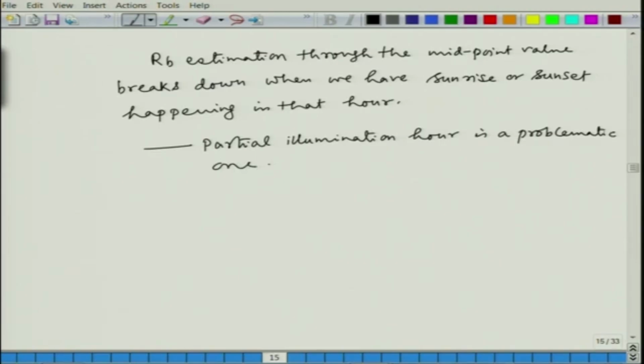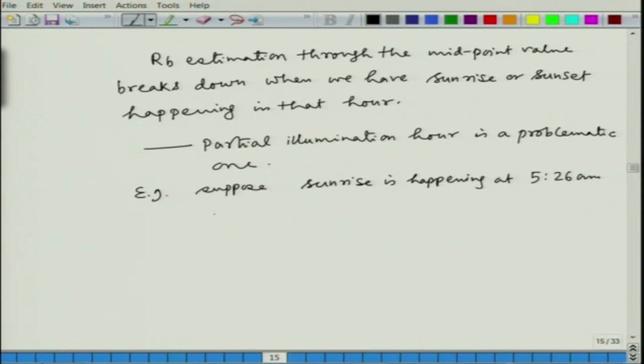So, what do we mean by that? For example, suppose sunrise is happening at 5:26 am.